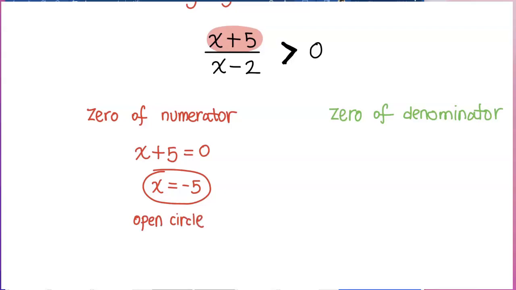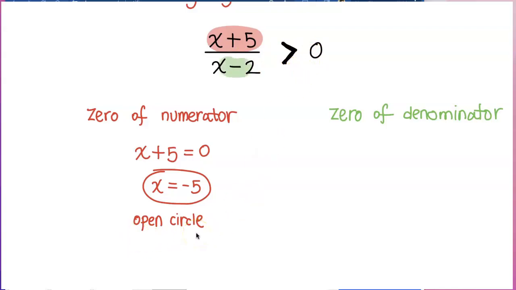If you plot a closed circle, that means it can be equal to negative 5. But when x is negative 5, the top of the fraction turns into 0, so the entire quotient turns into 0. But they want specifically that rational expression to be greater than 0, not equal to 0. So that's why you have to go with the open circle here.